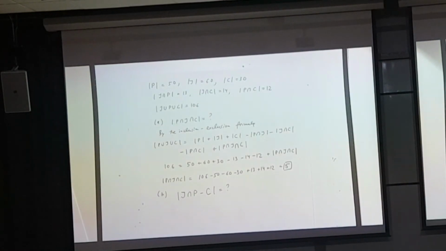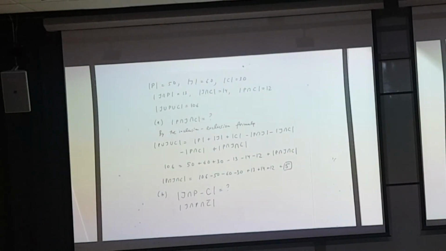Well, we could use actually the complement. If we agree that the union of all 3 is our universal set, then not in C we can write as belonging to C bar, everything outside C. So we can write this as a triple intersection.